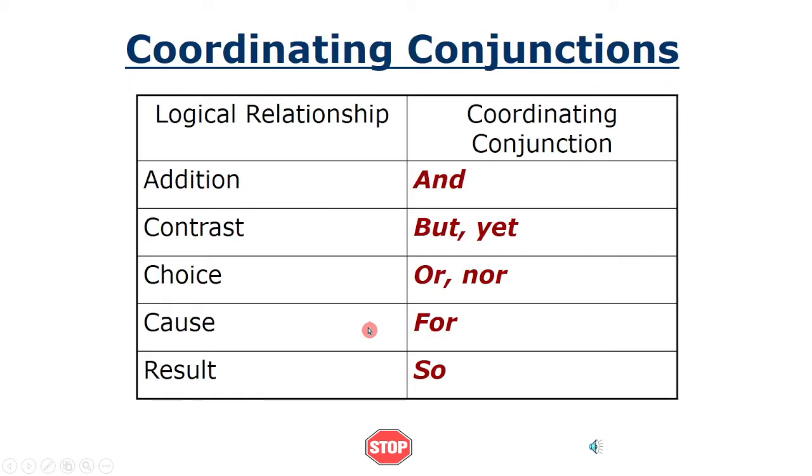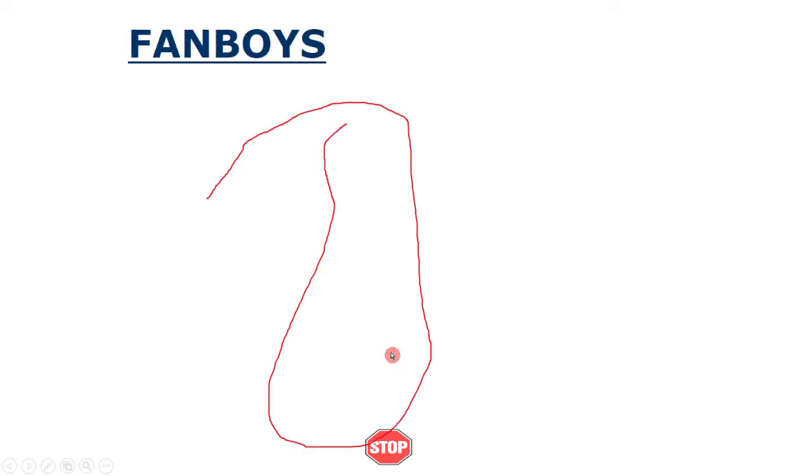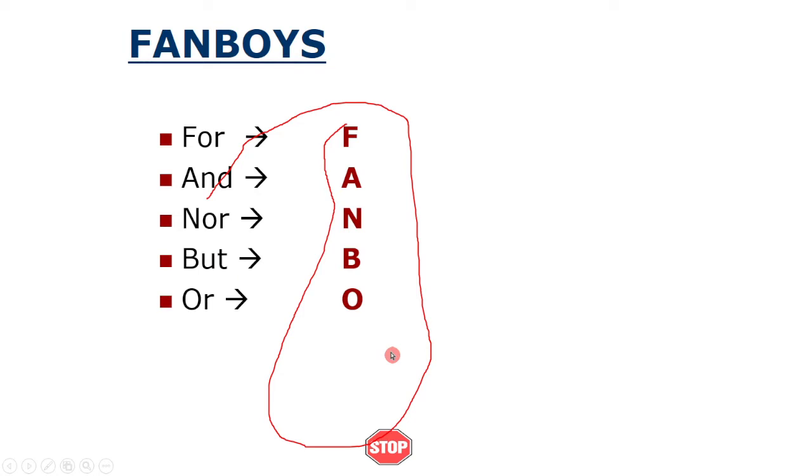Next, the coordinating conjunctions: for addition, we use and; for contrast, but and yet; for choice, or and nor; for cause, for; for result, so. Here we use the FANBOYS.